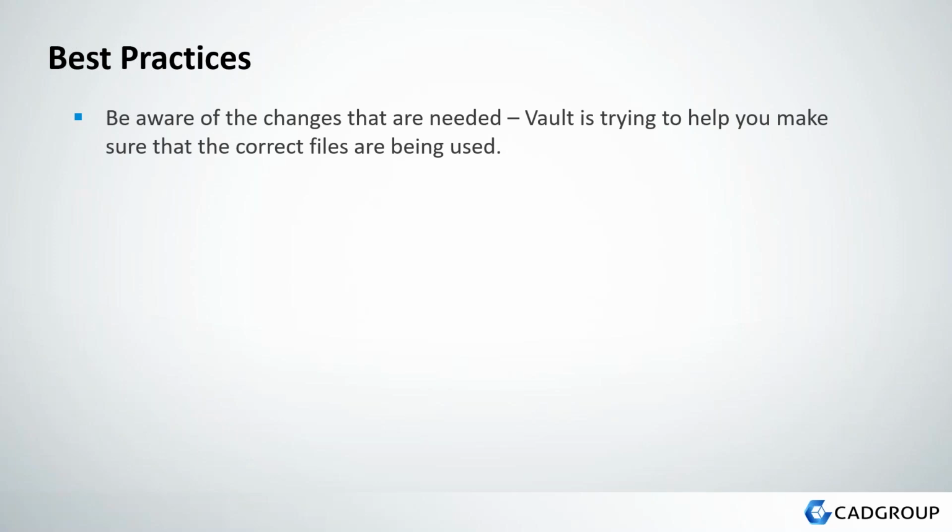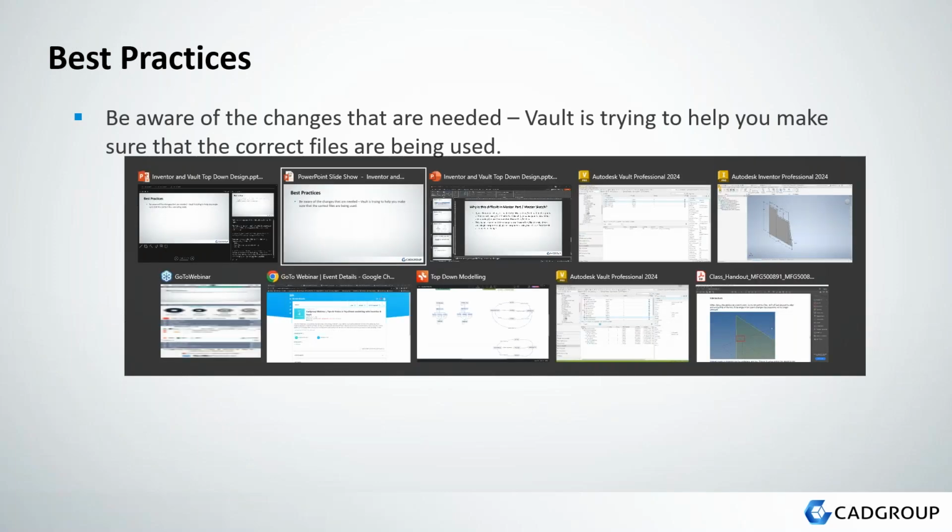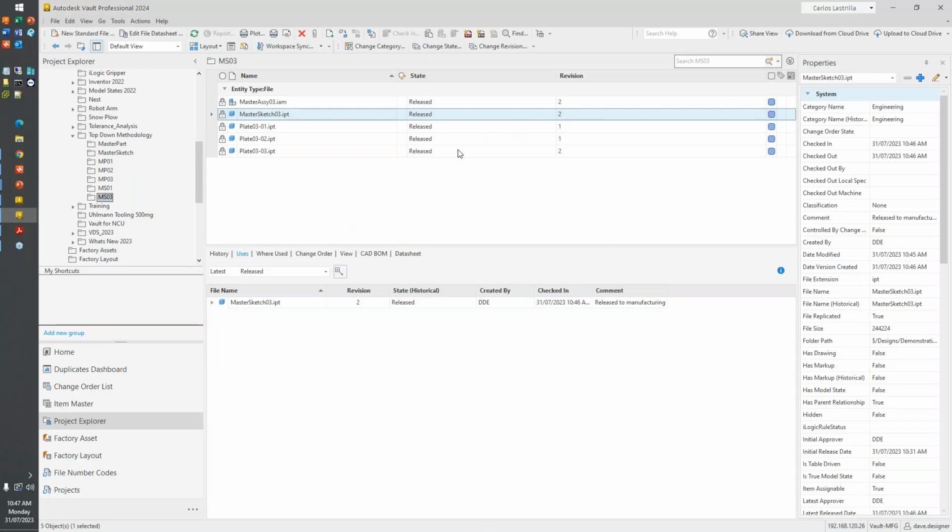If we make a change to the master sketch and we don't change plate 1 and plate 2, just make sure that you really don't make any changes to plate 1 and plate 2. Again, the onus is on the designer.